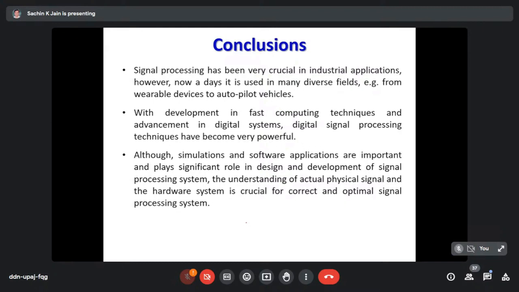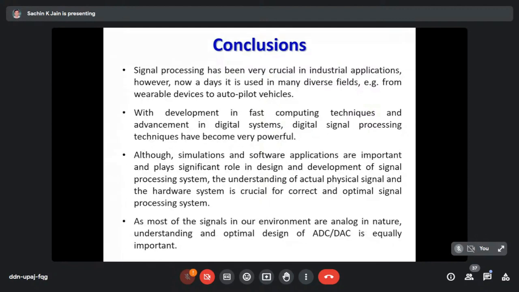Although simulations and software applications are important and play a significant role in the design of signal processing systems, you as a developer must have a proper understanding of real-life physical signals and the hardware systems: how you are going to process it, how the signal flows inside it. Then you will be able to create your optimal and correct system design. Most of the signals in our environment are analog in nature.